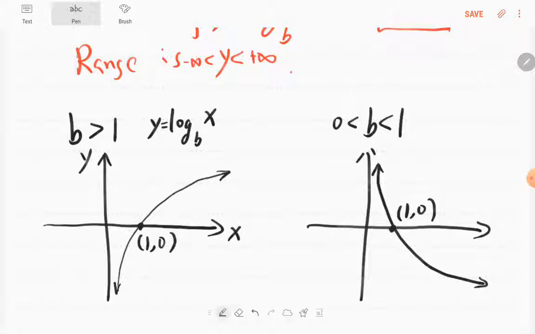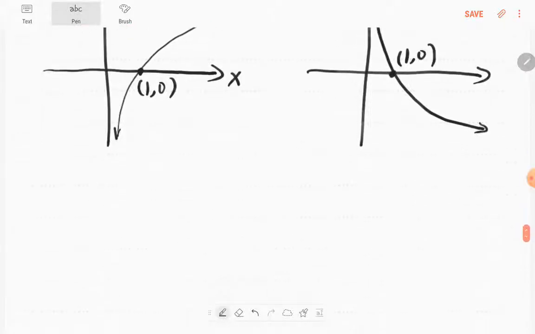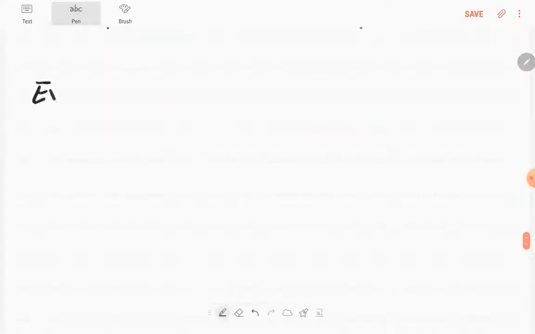So now we want to look at some examples. The first example is to convert 3 to the 4th equals 81 to a logarithmic equation, or logarithmic form.